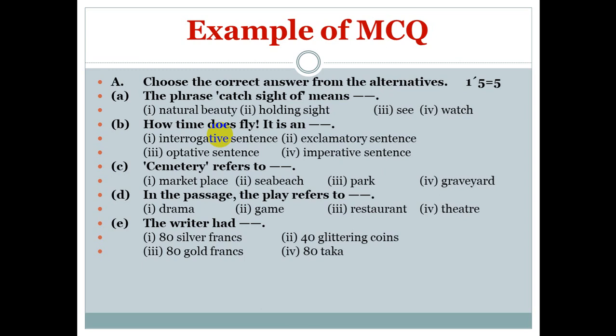So there will be 5 questions, and there will be many types of questions. Some will seek you to understand the meaning of the phrase, or sometimes it will ask what kind of word it is from the grammatical point of view, or sometimes it will seek the synonym or antonym, etc.